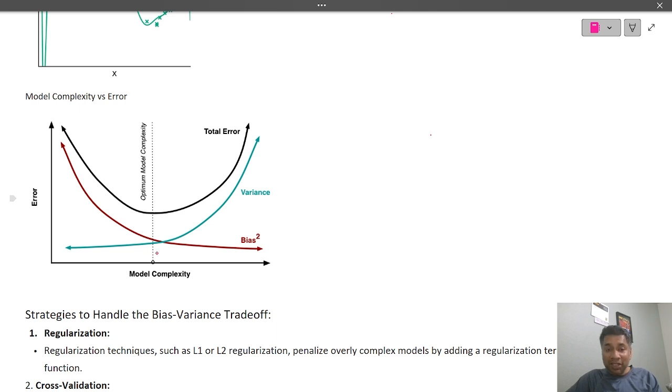So that is the reason we need to find something in between where the bias and variance are both low. And that is the reason we see this total error graph as well, which gives us the point where the error is at its minimum, and that is the point where we try to find the model which is the best model for us.